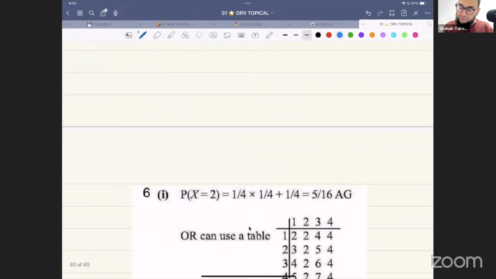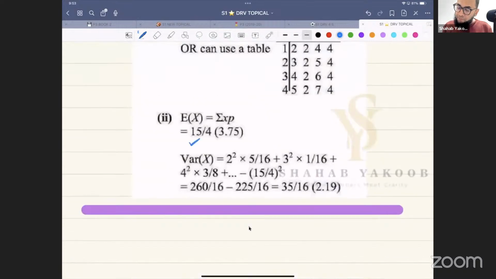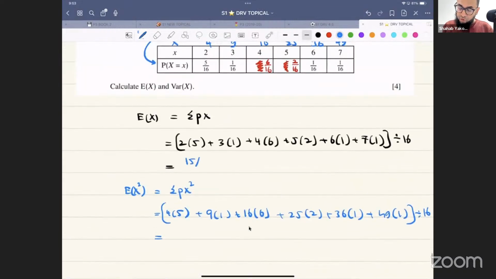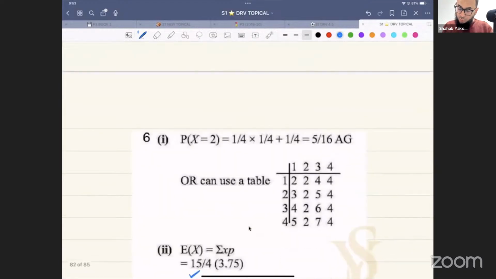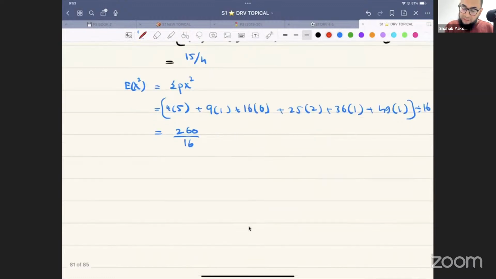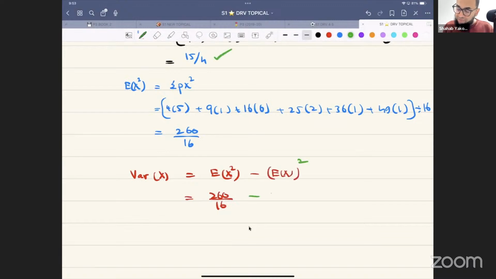Let me get the answers from here. This is 15 over 4, and this is 260 over 16. So now the variance of x is expectation of x square, which is 260 over 16, minus square of expectation of x, which is 15 over 4, the whole thing squared.